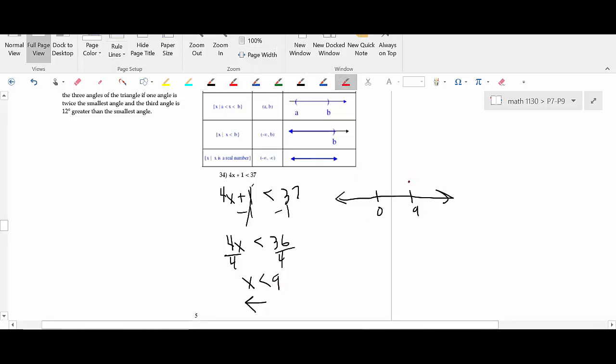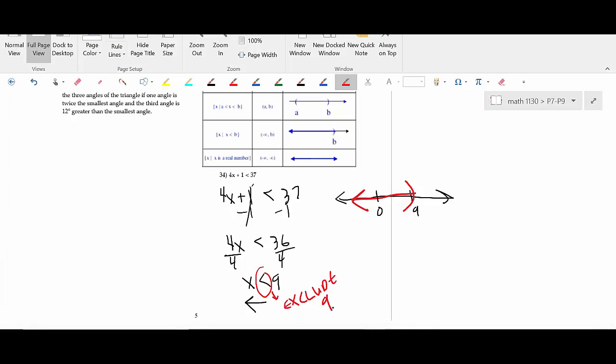So you put a parenthesis right on the 9, and you draw your graph like that, okay? Since it doesn't have an equal to bar, it means that you exclude the 9. That's not a part of that solution, so it goes like that, okay?